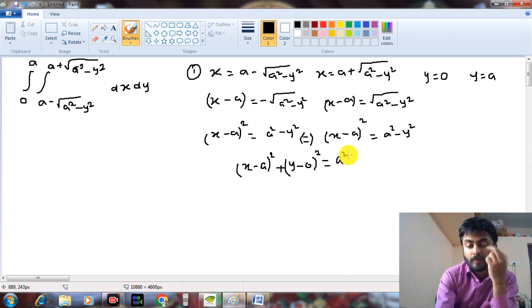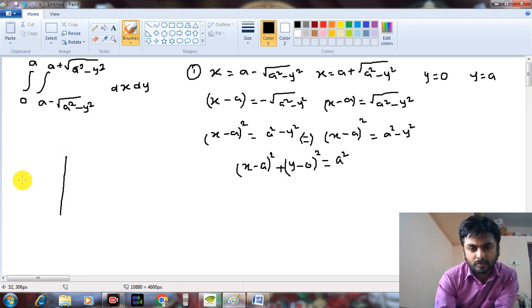So this equation represents a circle. So we are going to draw a circle.